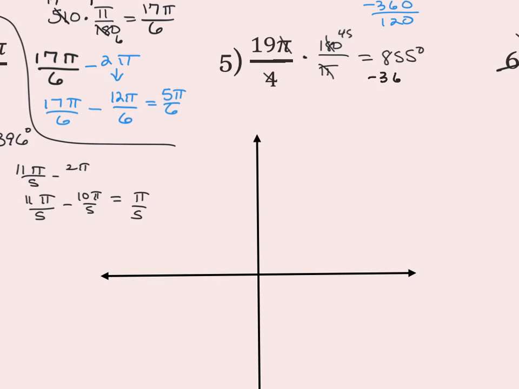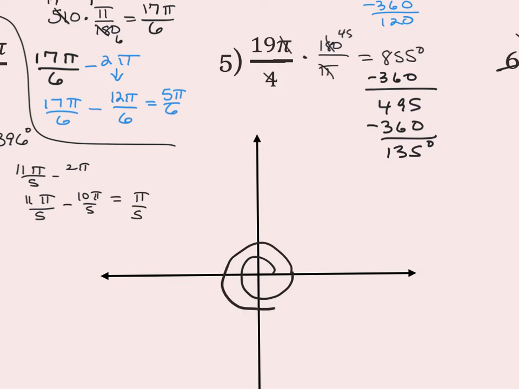I gotta subtract some 360s here. 495, do it again, 135. So I'm gonna swirl around once, 360, 720, and then now another 135 degrees, giving me my 855 or my 19 pi over 4. My reference angle is the 45 degrees, and we're gonna learn to see that that's gonna be pi over 4.